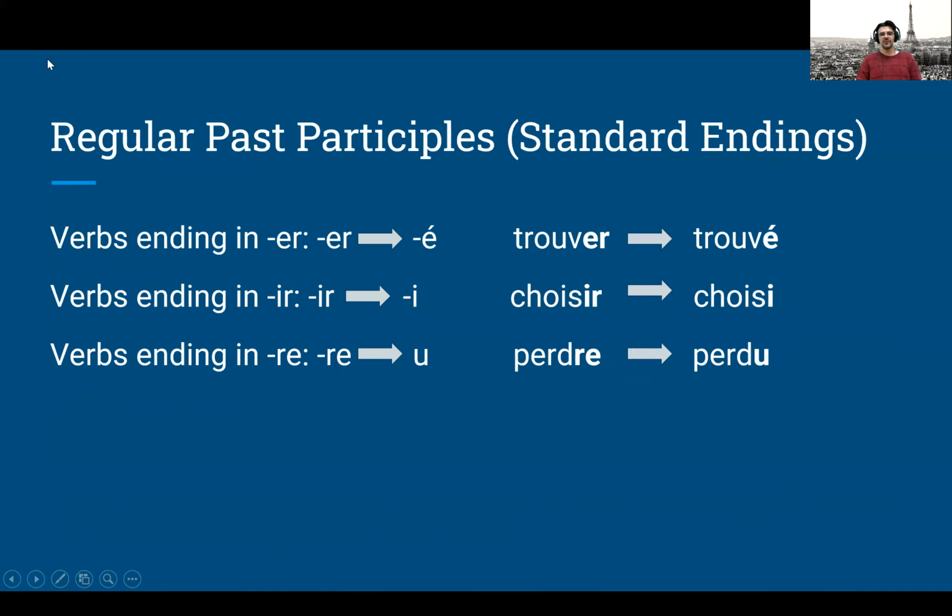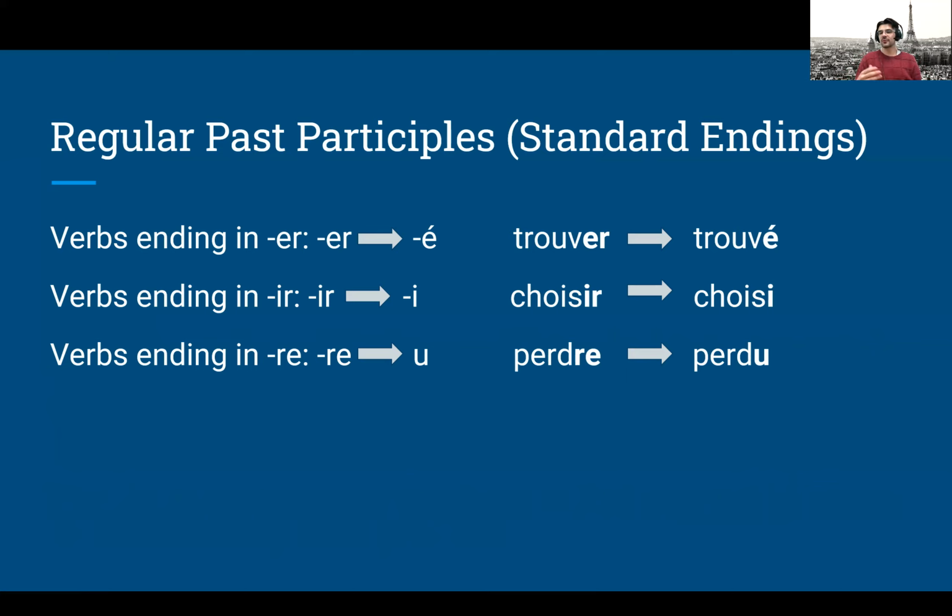All right, so now we have what are called the regular past participles, the standard endings. So when you want to say something in the Passé Composé, what you do is you take the last 2 letters of the verb, and you replace it. So in the example, there are 3 types of verbs in French. You have the ER verb, the IR verb, and the RE verb.